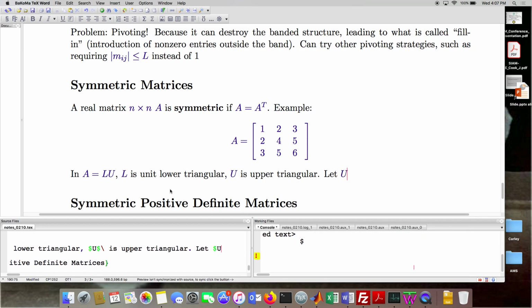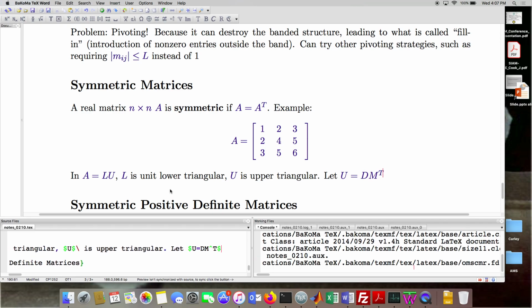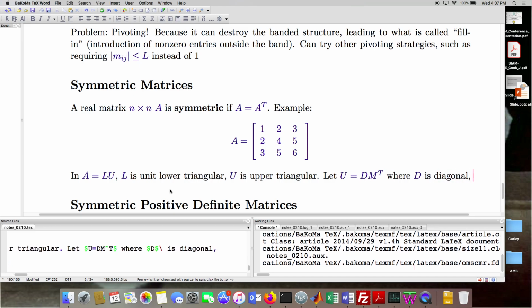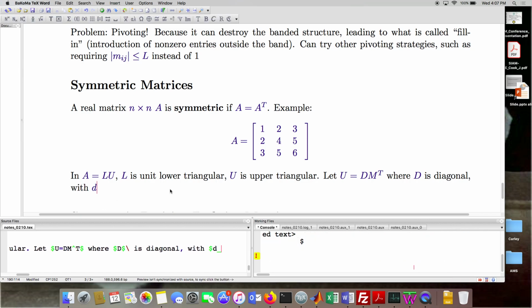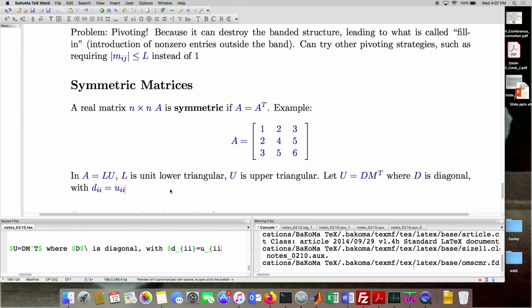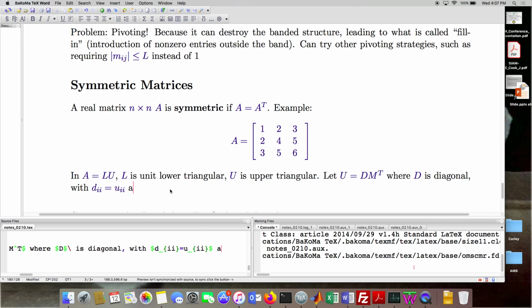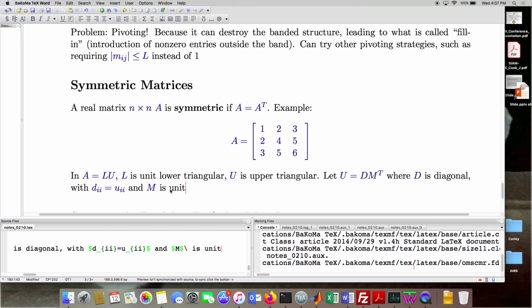I'm going to break U down into D M transpose, where D is diagonal, and more specifically, each diagonal entry of D is the corresponding diagonal entry of U, and M is unit lower triangular. Therefore, M transpose is going to be unit upper triangular.